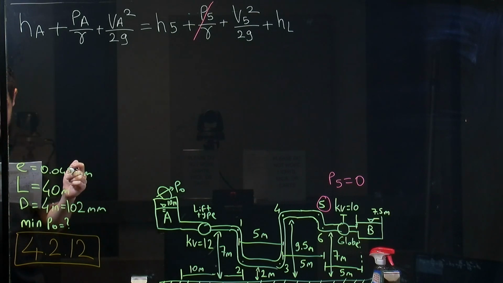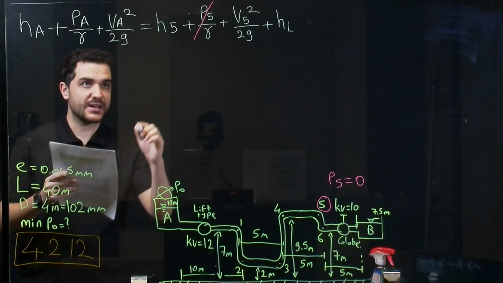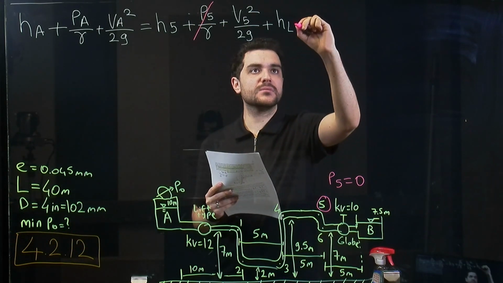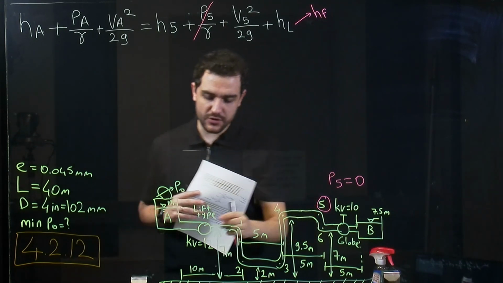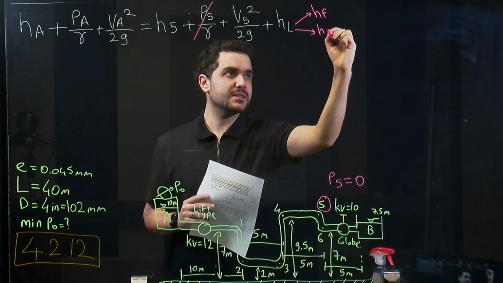And let me go with the head loss first of all. So in the system, as we know, we have two different head losses, which is friction head loss throughout the pipe and also minor loss. Let's say it HM.